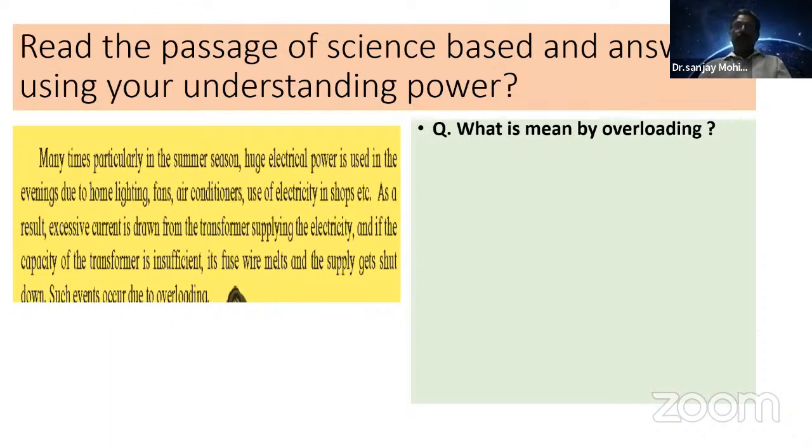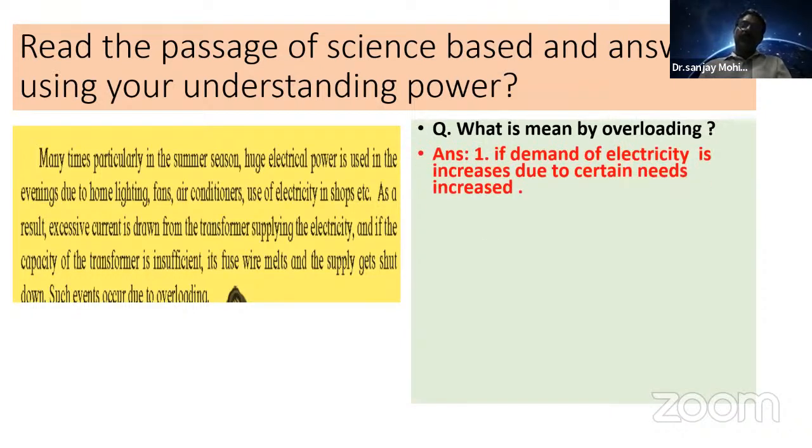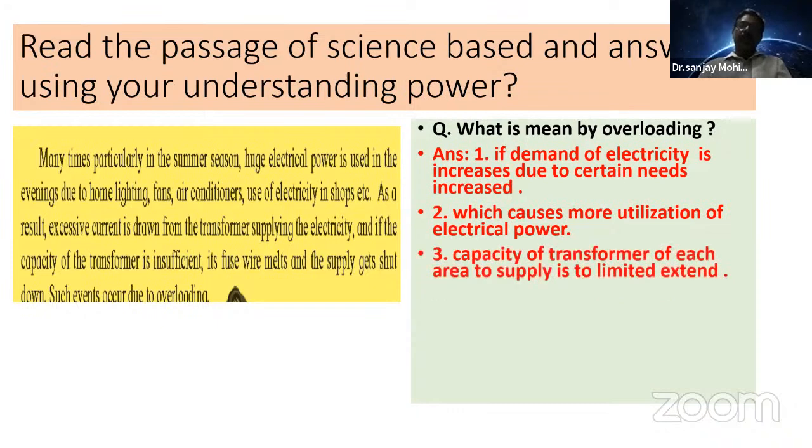So coming to the next question, what is meant by overloading? Overloading means what? In the summer season, the demand for electricity is more, which causes more utilization of electrical power, and the capacity of transfer of each area of supply is limited.